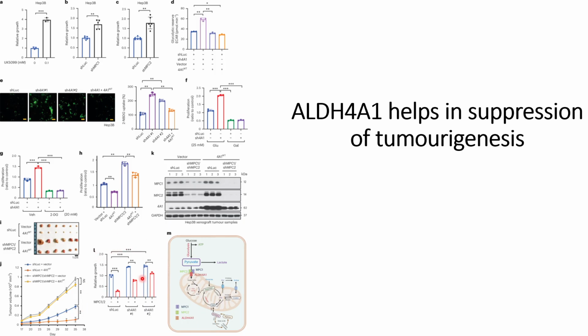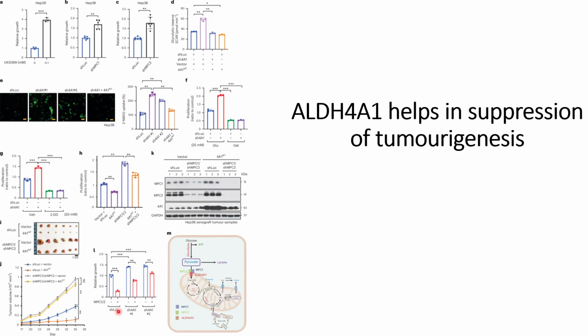Next, they check the relative growth rate, and the relative growth rate is also minimum when ALDH4A1 is overexpressed, not knocked down, and MPC1 and MPC2 are present.